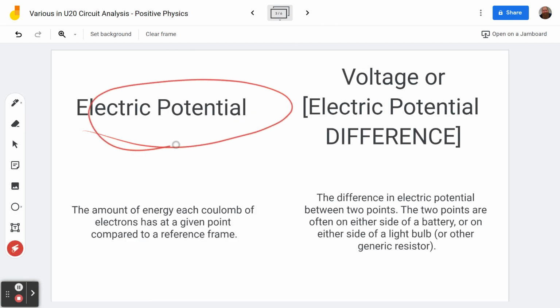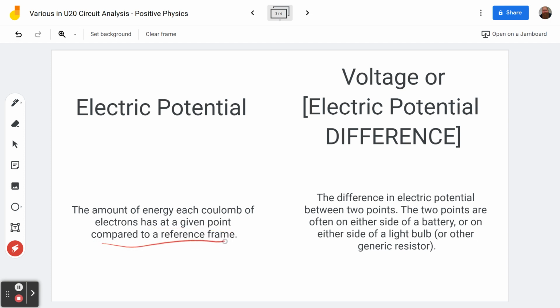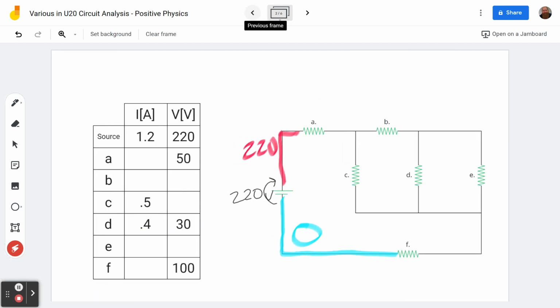Electric potential is the amount of energy each coulomb of charge has at a given point compared to a reference frame. So our reference frame is the negative side of the battery. Compared to the negative side of the battery, the positive side of the battery has 220 volts.